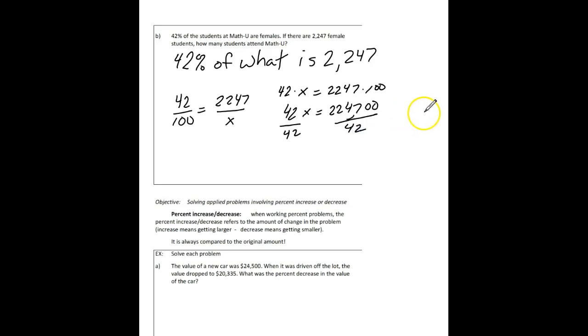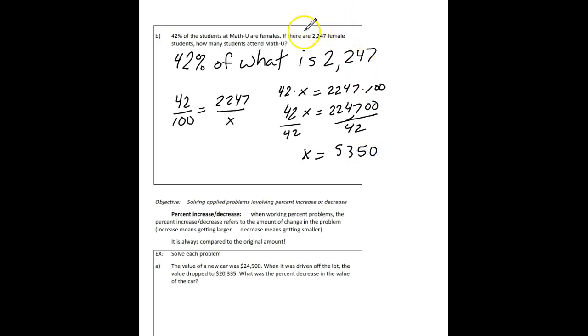Sometimes you can think about these problems and ask yourself, will the answer be larger than 2,247 or smaller? Think about that. The total population, should it be larger or smaller? Well, I get x equals 5,350.